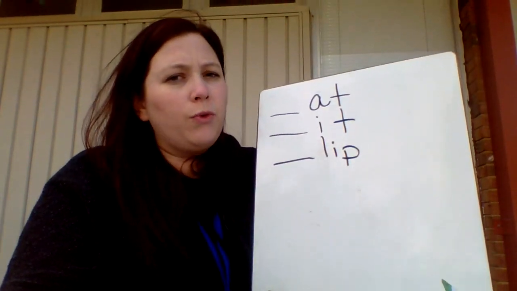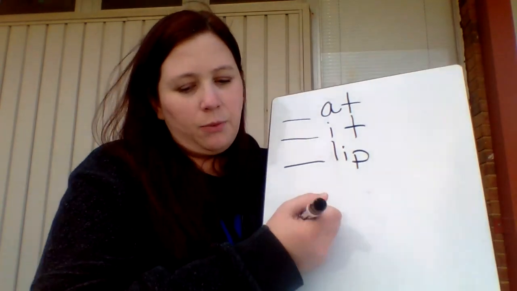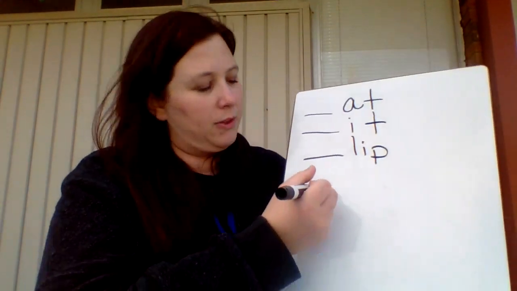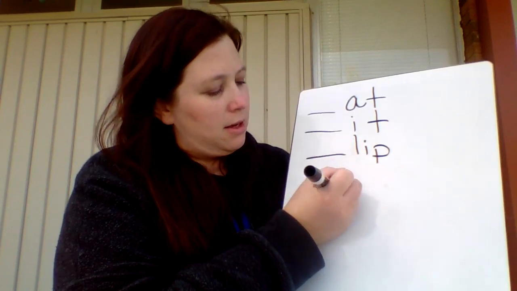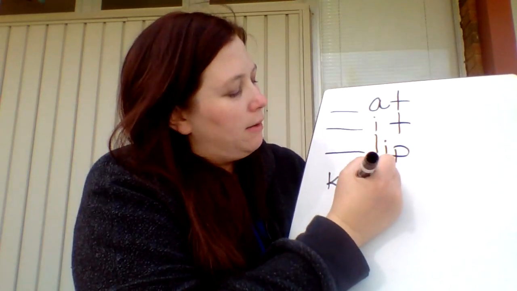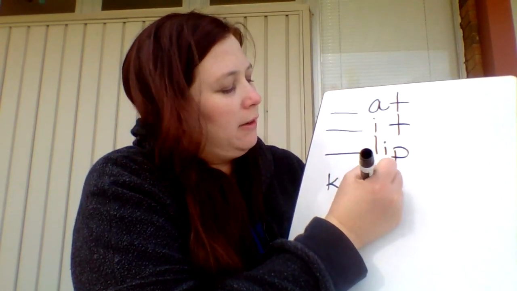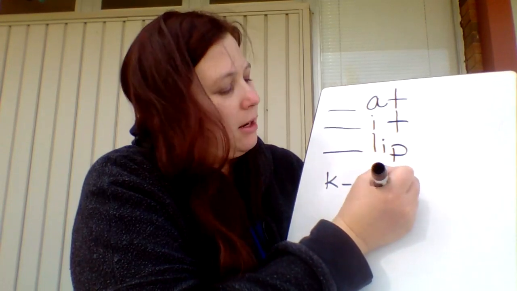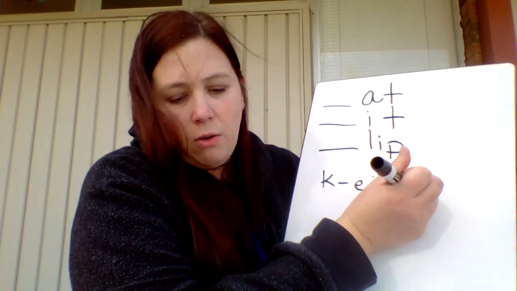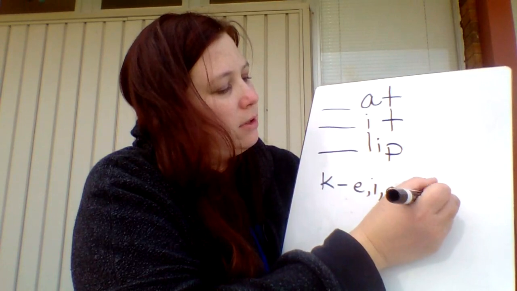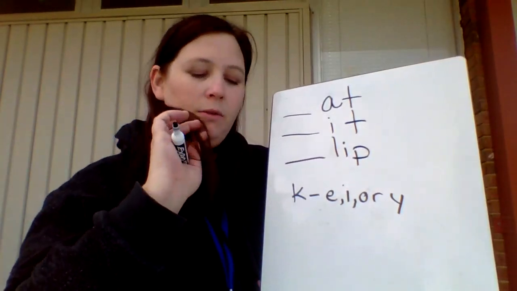So our rules for spelling with C and K: if we're going to spell the K sound with a K, it is when the letter that follows is an E, an I, or a Y. Okay?